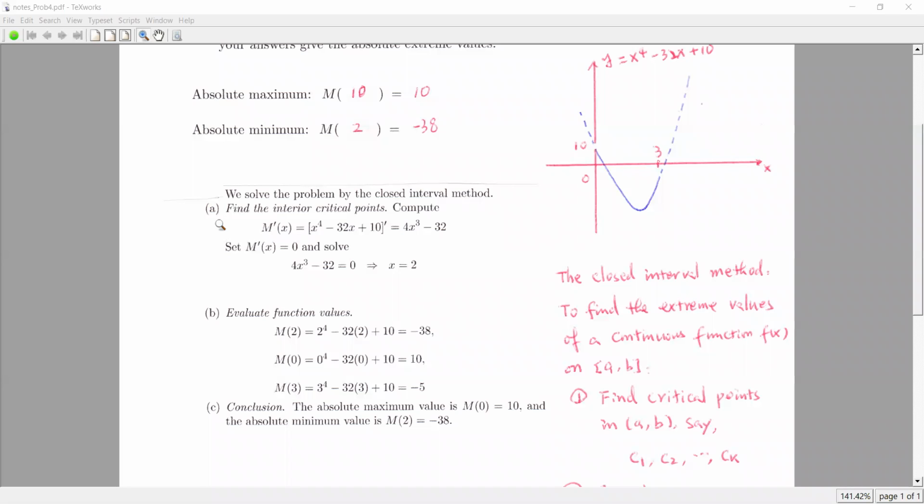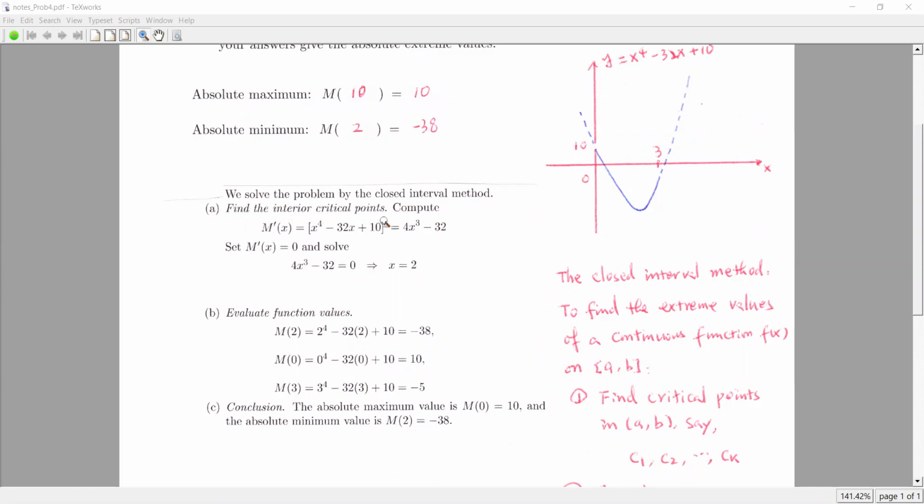Now, step 1, find the interior critical points. That is, find critical points that are inside the given interval. The given interval is from 0 to 3. Recall that a critical point is a point where the derivative is 0 or doesn't exist.